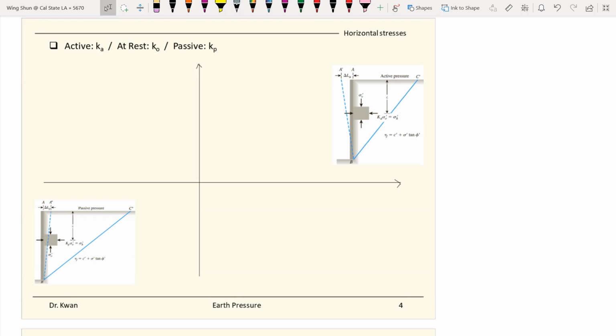So when there's no movement at all, we call it at-rest conditions. For example, for this graph here, if we identify the movement of the wall as delta L, if delta L is equal to 0, then we will be at the at-rest conditions, right here.